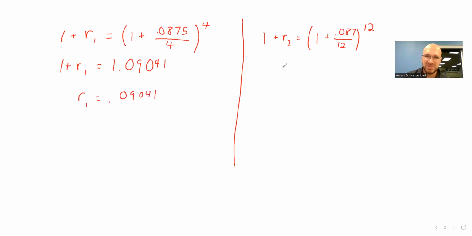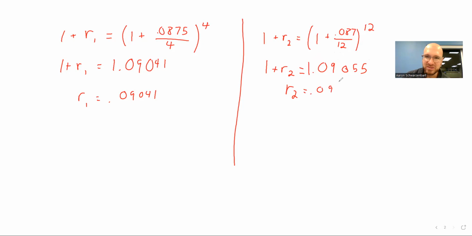I'm keeping a lot of decimals because I think these are going to be rather close. This is example 7 in the book too. Okay, so R2, when I stick this right side in, I get 0.09055.